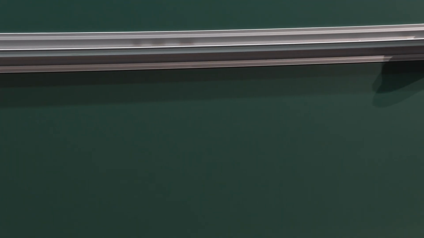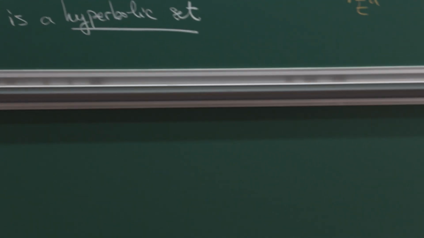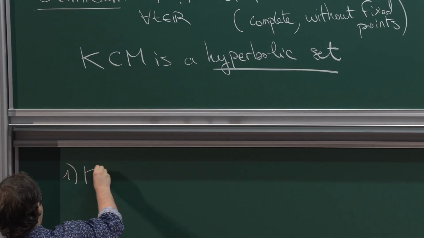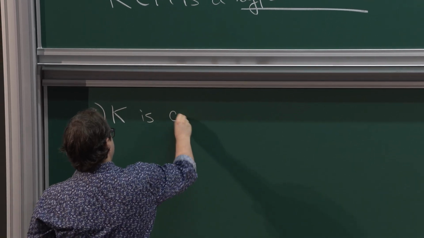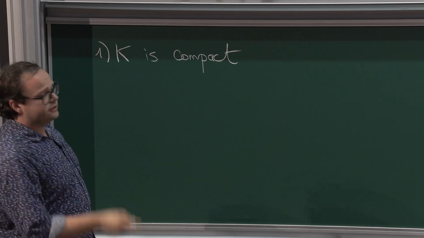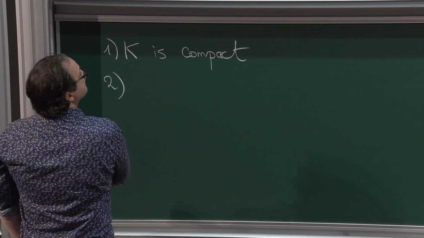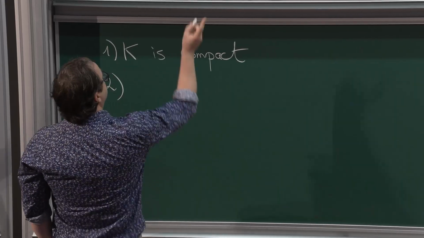Right, so the exact definition would be that you're actually asking 3 things on the subset K. The first one is that K should be compact. Right, the manifold M is not assumed to be compact here, but K will have to be. The second one is that it should be invariant under the flow.